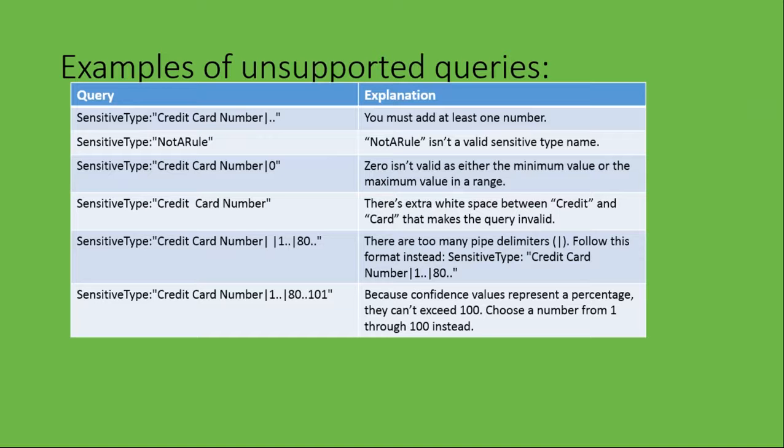In the next example, you see there are too many pipe symbols. After the credit card number, there's a blank after the pipe symbol, and then the count range and the confidence range. So this first pipe symbol is unnecessary here. And in the last example, if you observe the confidence range, which is 80 to 101, 101 is not a valid confidence range. It cannot exceed 100%.